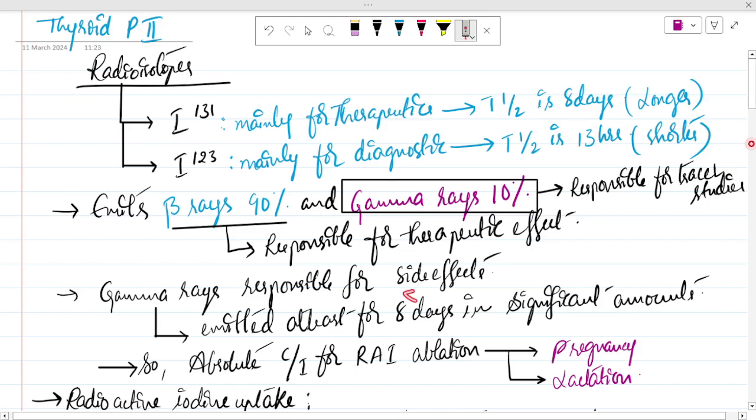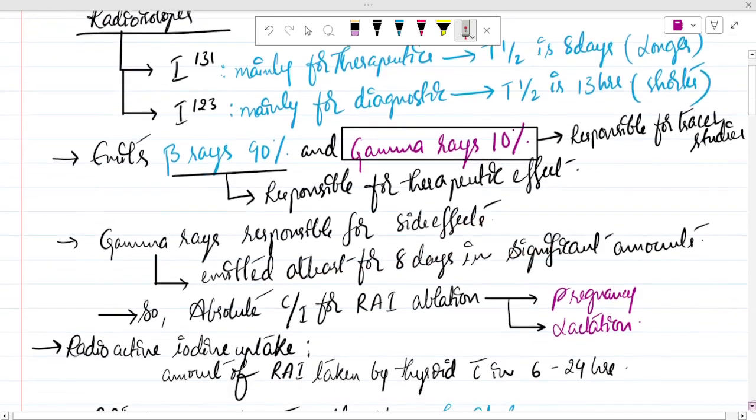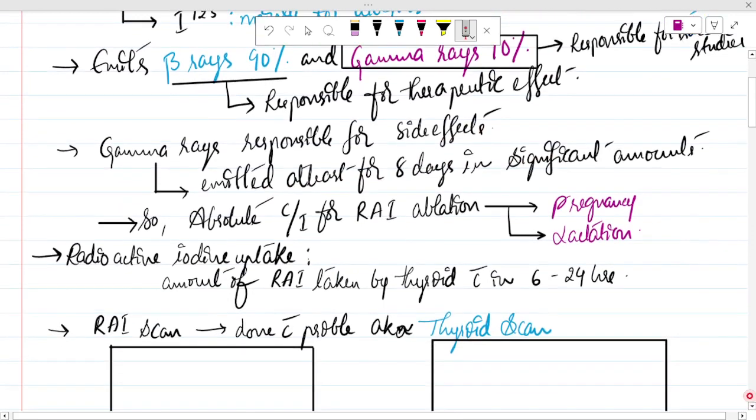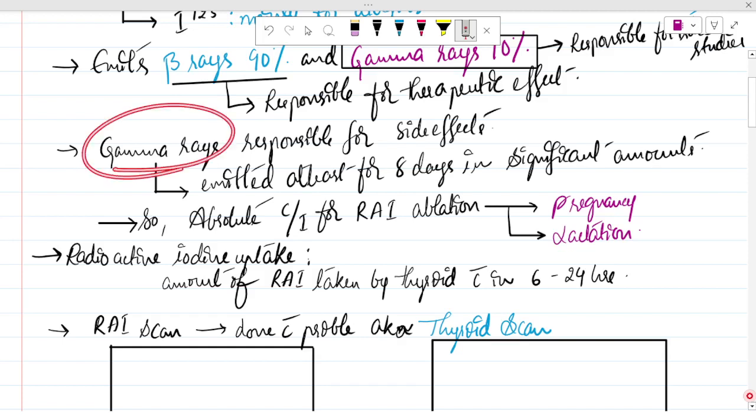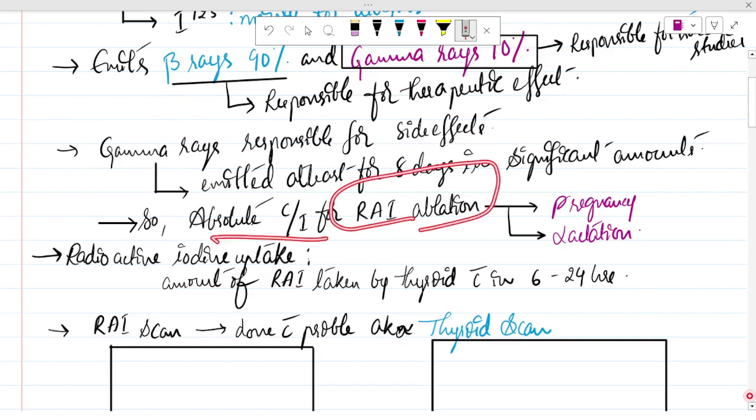So, having lots of side effects, radioactive iodine ablation is an absolute contraindication in two conditions: one is pregnancy and another one is lactation.